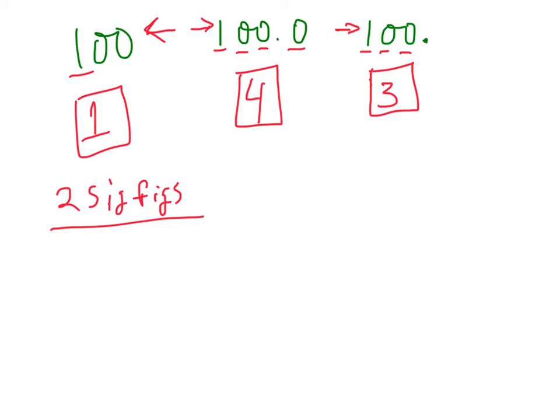You've seen 3 examples up here at the top and none of them are 2 sig figs. There is no way to write the number 100 with 2 sig figs unless you change it into scientific notation. So, you would take 100, and if there's not a decimal, then you know that the decimal is always at the far right of the number.